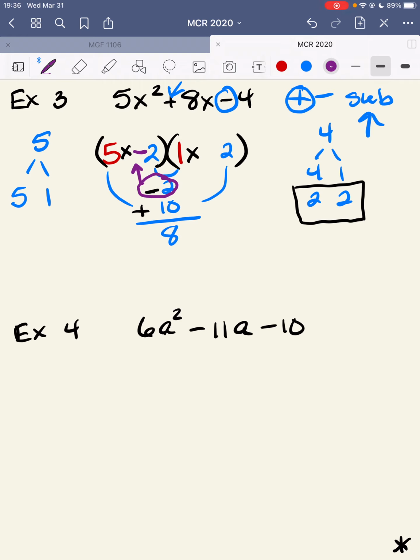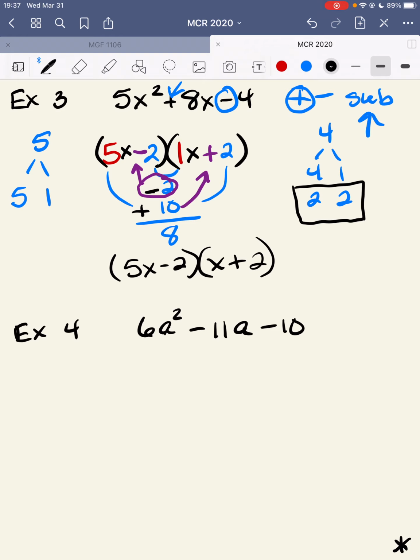The second one, the bottom of the necklace, always goes in the second binomial. So our final answer here is going to be 5x minus 2, x plus 2. And remember, you can always do a full FOIL once you're done to totally make sure that you did this right. And they're all there.